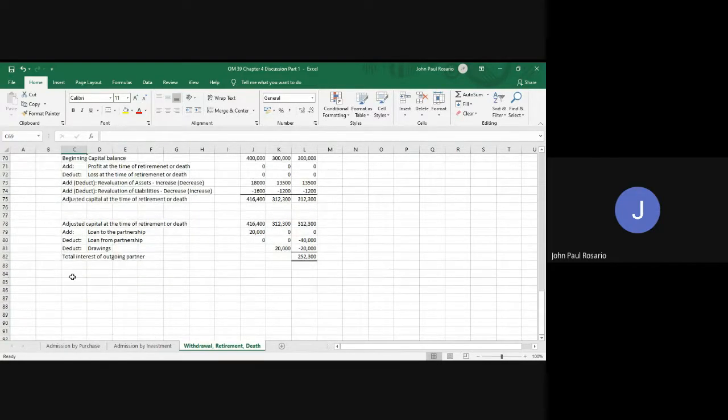Then the third one is to record the sale of interest of Hazel to Easy and Princess as follows.